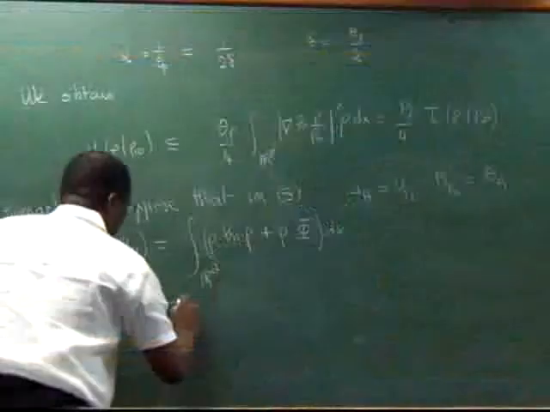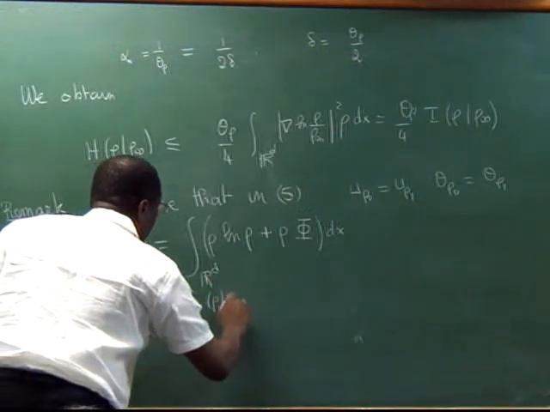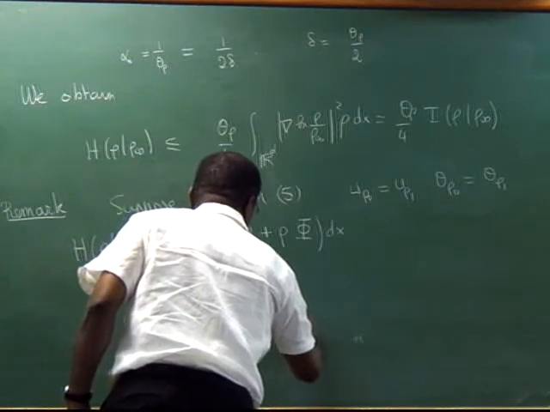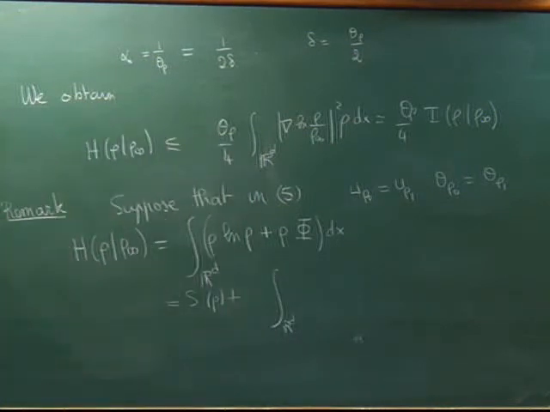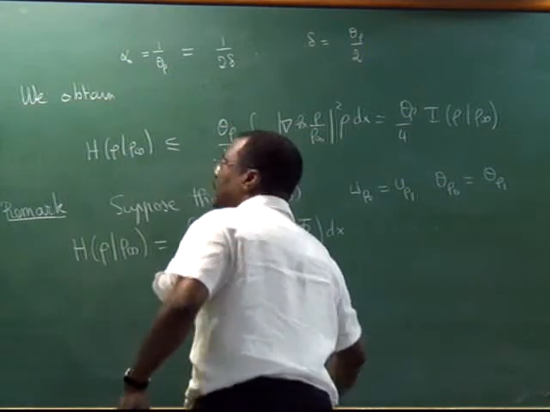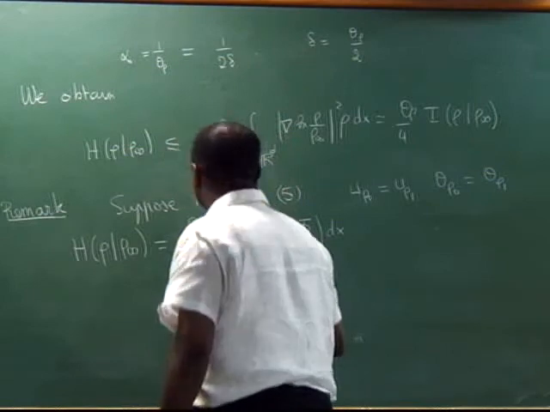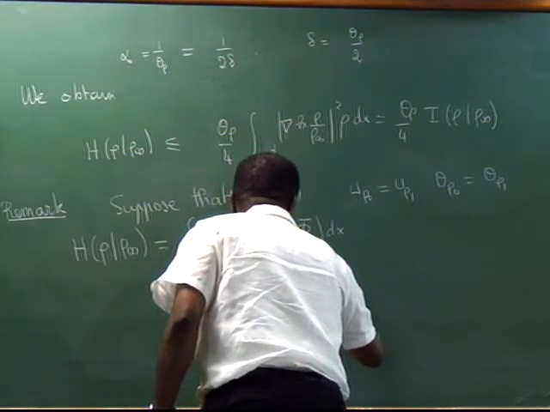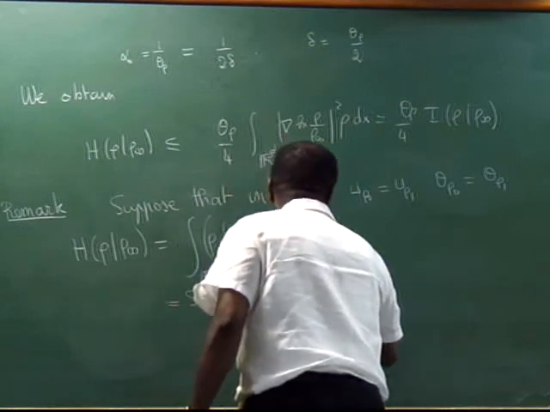So that is the entropy of rho plus the integral over Rd of, this is a constant, so it will give me d over 2 log of 2 pi theta rho.